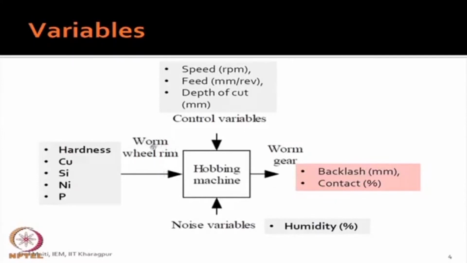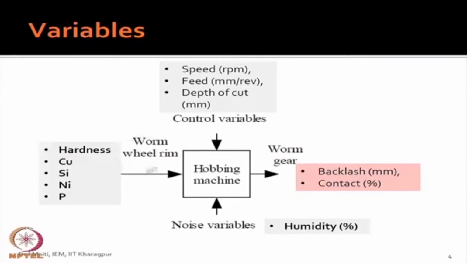The input worm wheel quality is measured through hardness, copper percentage, silicon percentage, nickel percentage and phosphorus percentage.